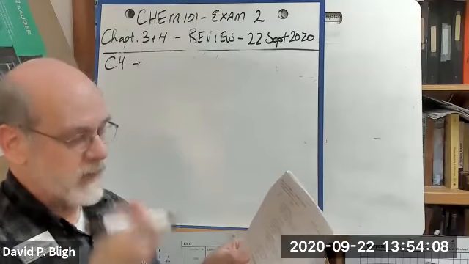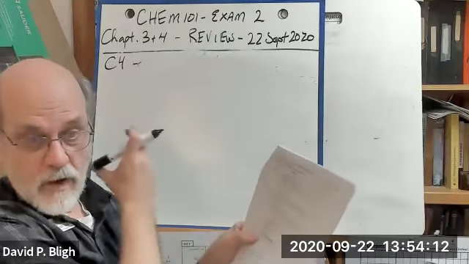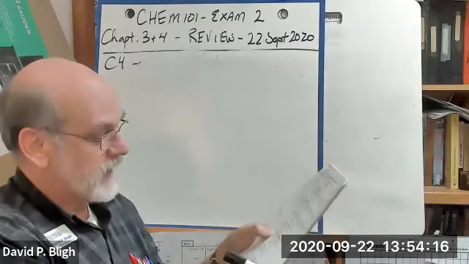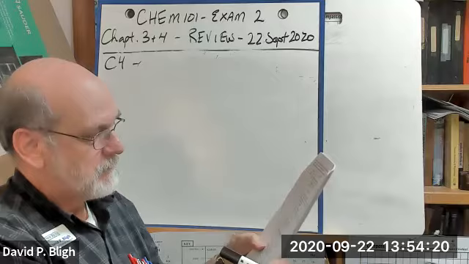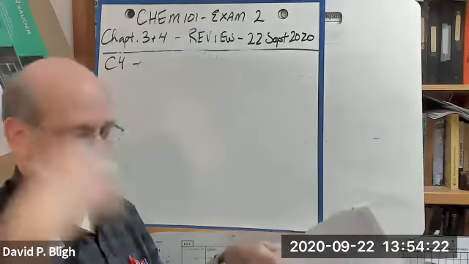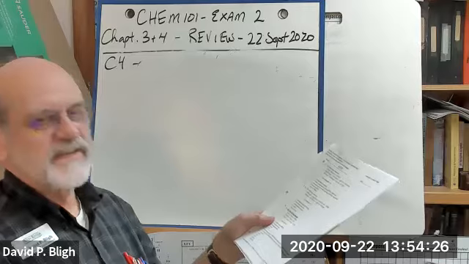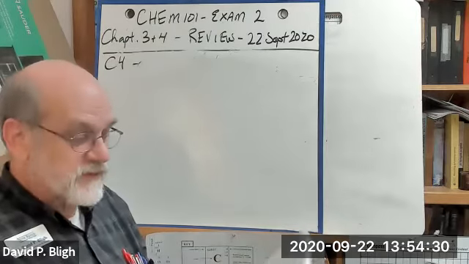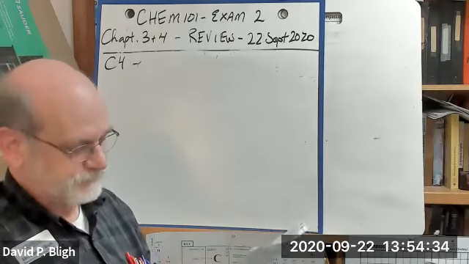But could it be something else? Well, if you have two elements on the reactant side and a compound on the other side, that is a synthesis reaction. But is synthesis a choice? No, synthesis is not a choice in this one.